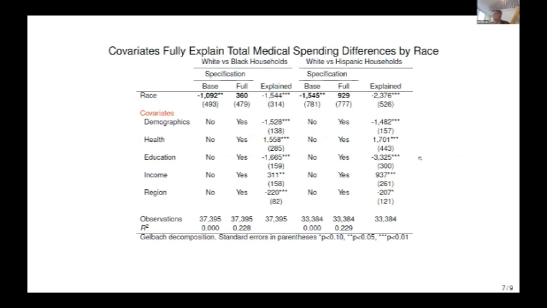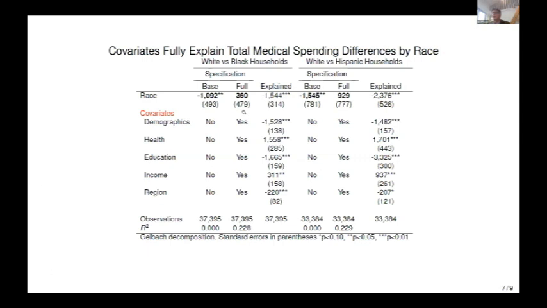Again, total medical spending includes out-of-pocket, Medicare, Medicaid, and other payers such as veterans and private insurance payers. What you can see here is the $1,100 difference in what we call the base case, which is just the raw difference in mean medical spending per year by race.